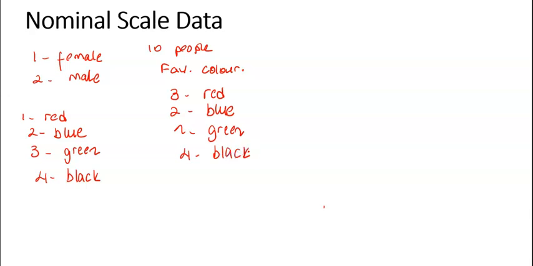So out of a total of 10, I can say by using this information, 30% choose red, 20% choose blue, 10% choose green, and 40% choose black.